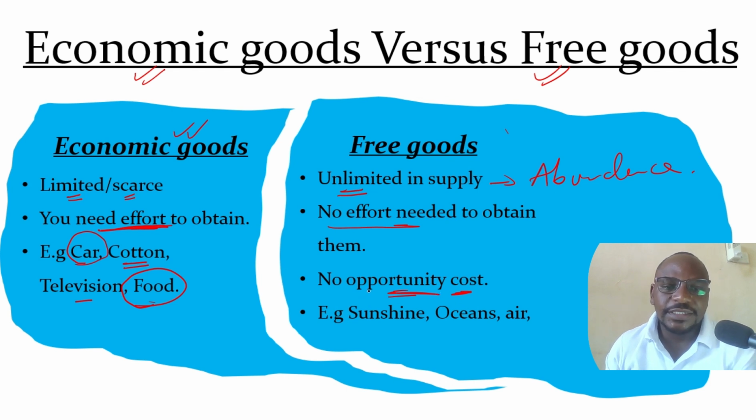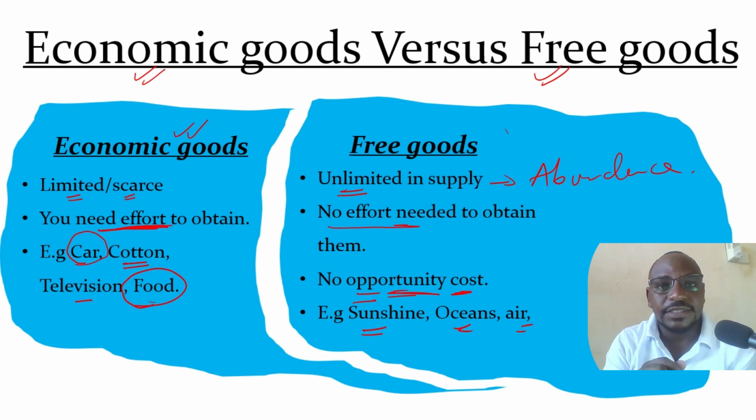Because you do not purchase them, you do not reallocate resources from another need to consume free goods. That way they do not have opportunity cost. Think about sunshine, the oceans, the air around us. Those things are free of charge, and nobody has spent anything for them to be available.